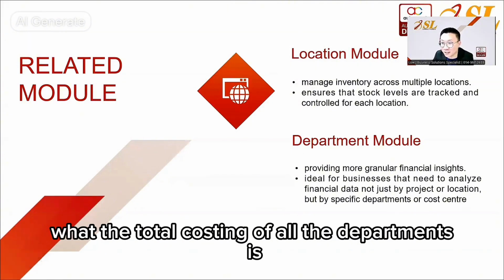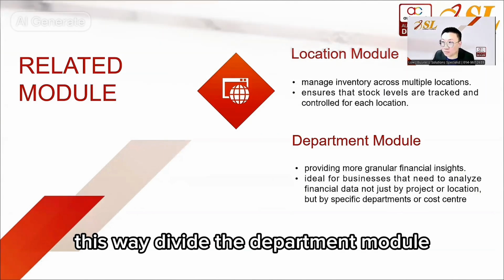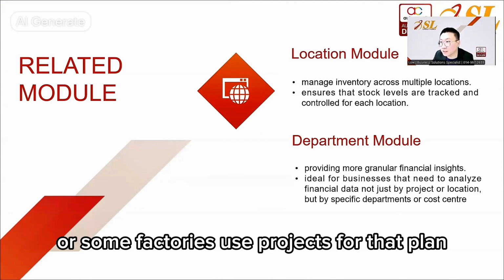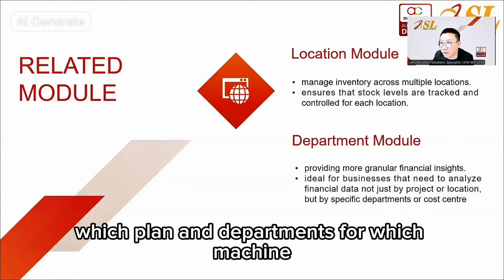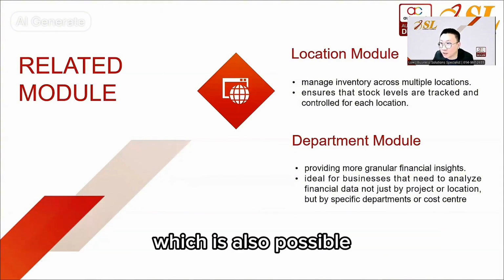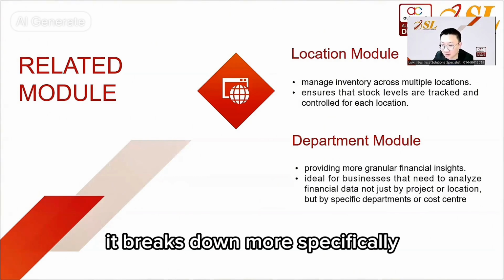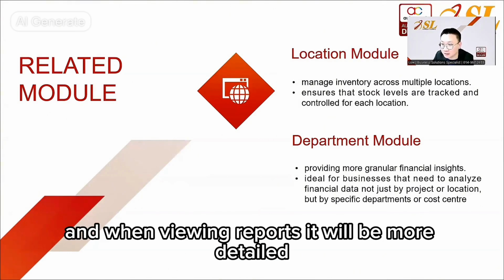He wants to see what the total costing of all the departments is. This way, they buy the department module. Or some factories use projects for which plan, and departments for which machine, which is also possible. It breaks down more specifically, and when viewing reports, it will be more detailed.